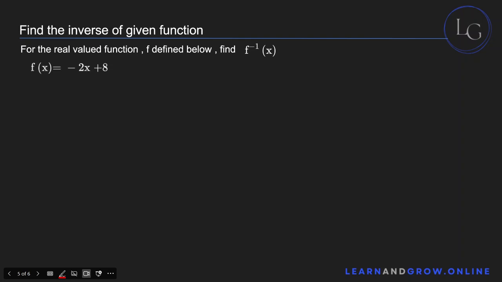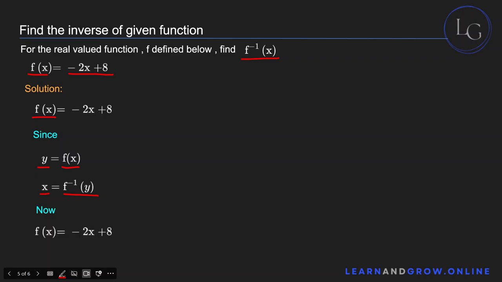Now, let's have a question. Let's say that we have to find the inverse of a given function. We need to find f inverse of x when f of x is equal to minus 2x plus 8, right? Now, we know that y is equal to f of x, right? This f of x is equal to y. So x is equal to f inverse of y, as we discussed earlier.